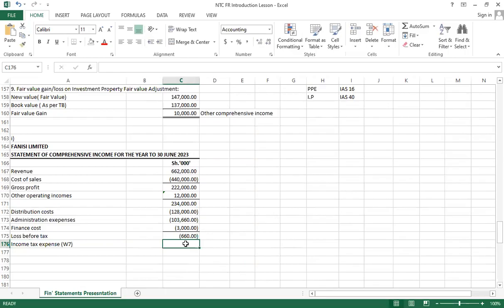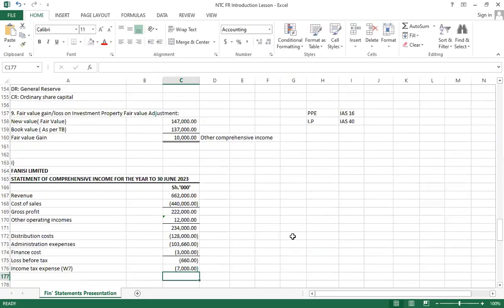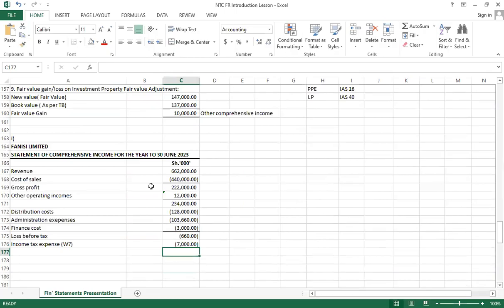In working number 7, we had said, how much tax do we bring to the P&L? We computed 7,000 shillings, the tax that you bring to the P&L. That is what we now bring to the P&L as a minus, because tax you minus. And if that is the case, then we add them downwards.